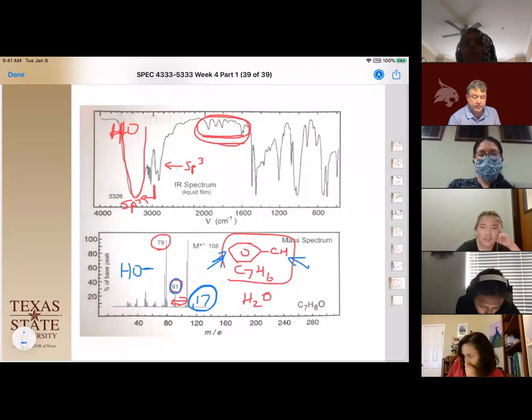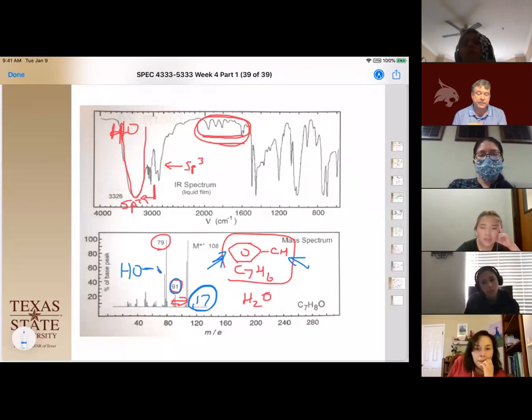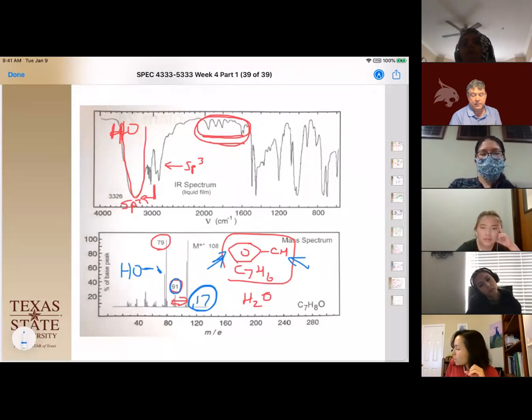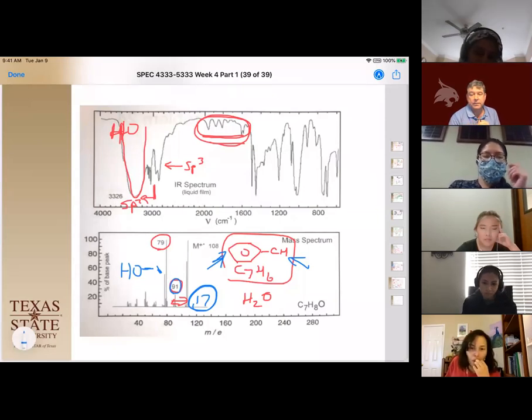There is a small 977 peak here, but somehow the benzene has hydrogens associated with it as it comes off. Nothing in the IR to help us with that, is there?